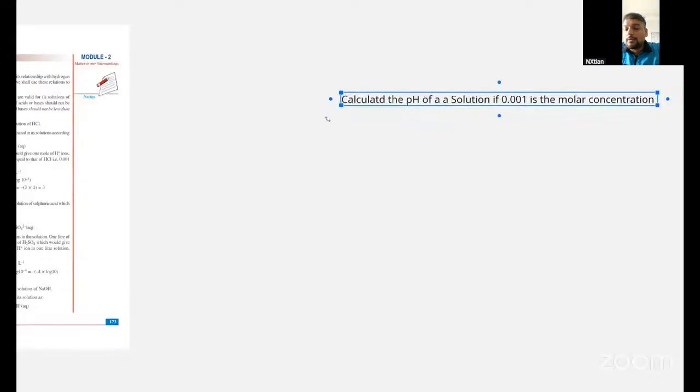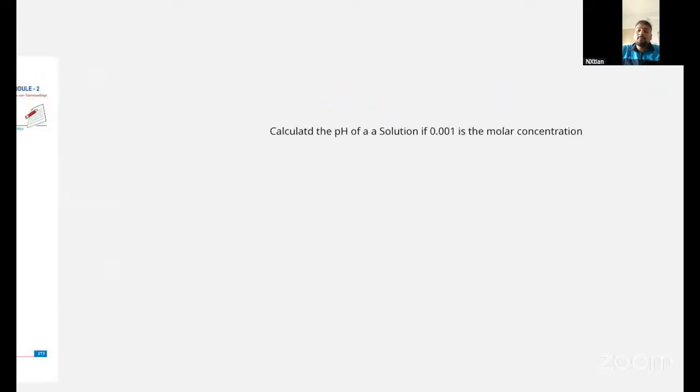Okay, this is the question. Calculate the pH of a solution if 0.001 is the molar concentration. Is it what? Molar concentration.